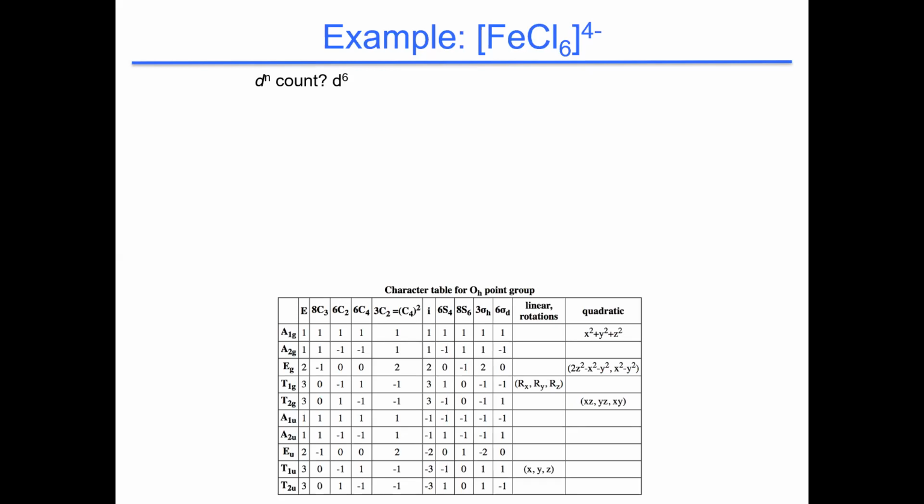And so that leaves us with a d^n count of 6 for Fe(II). The geometry and point group is going to be octahedral since we have homogeneously ligated iron here. So you're going to have a total valence electron count of 18, since we have 2 electrons for each chloride and then 6 electrons coming from iron.